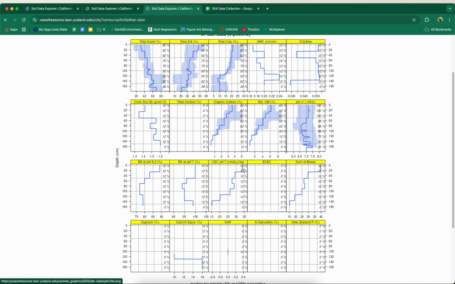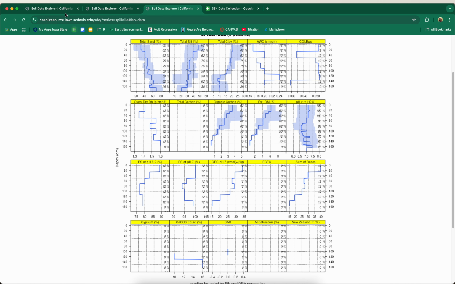Up near the surface where those organic matters are, you probably have a higher cation exchange capacity. But base saturation, if we take a look at that, pH 7, which is what our soil pretty much was, close to 100% in this soil, which might explain the almost total lack of exchangeable acidity that we saw in those very quick turning pink titrations.